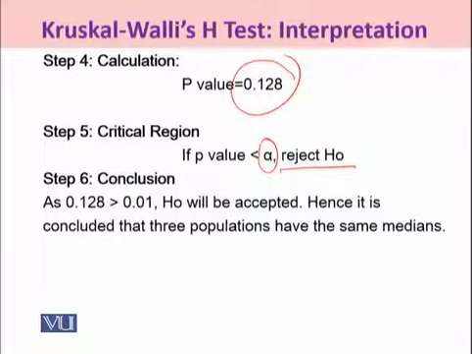As far as the conclusion is concerned, our calculated p-value comes out to be 0.128, which is much greater than alpha, which was given to us. So H0 will be accepted. Hence, it is concluded that the 3 populations have the same medians. That means they are drawn from identical populations.